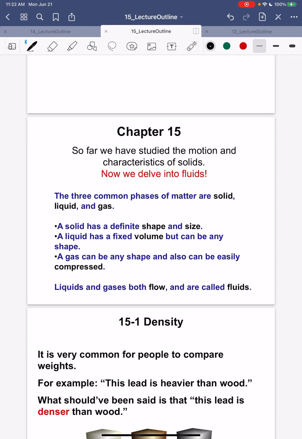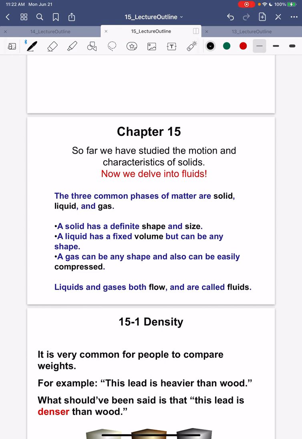We have studied solids before, and we know that solids have definite shape and size. A liquid has a fixed volume, but it can take any shape, the shape of the container. A gas can have different shapes and also volumes depending on its case. It can be compressed, then its volume can be changed.